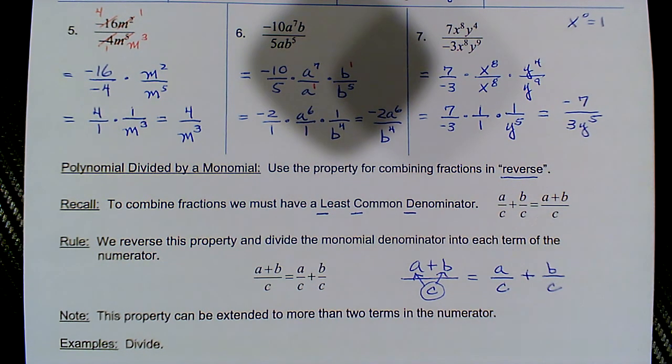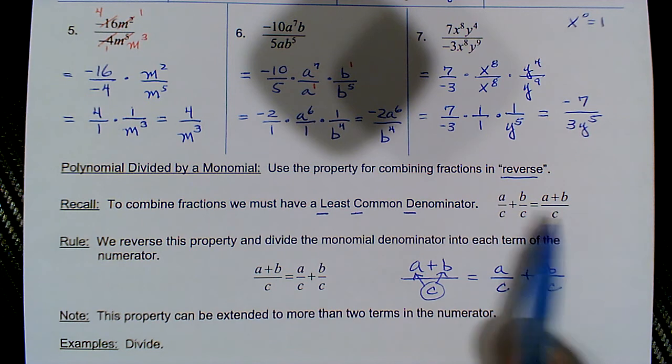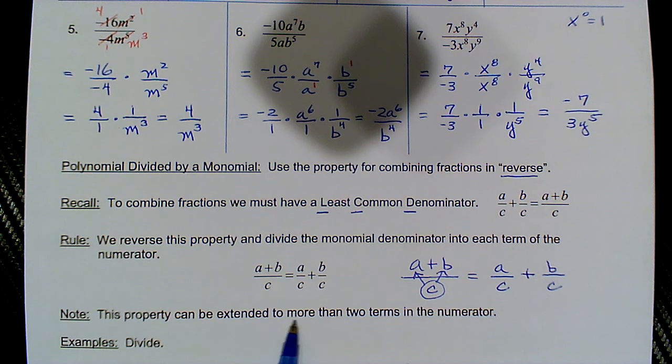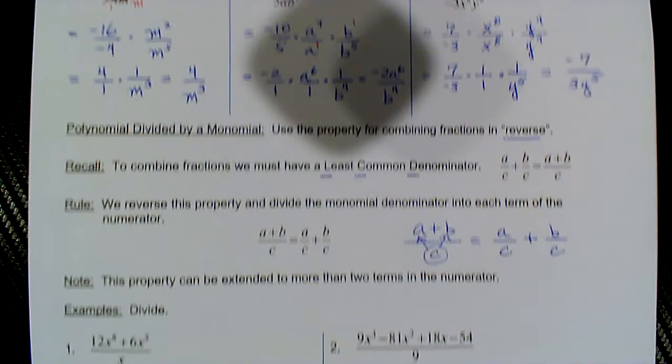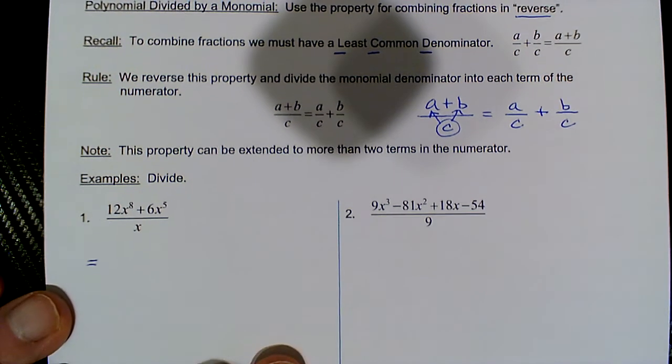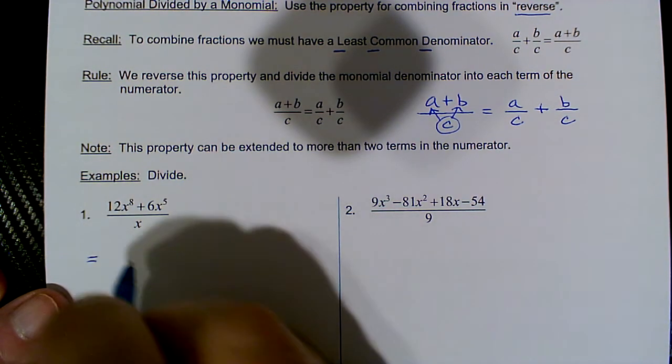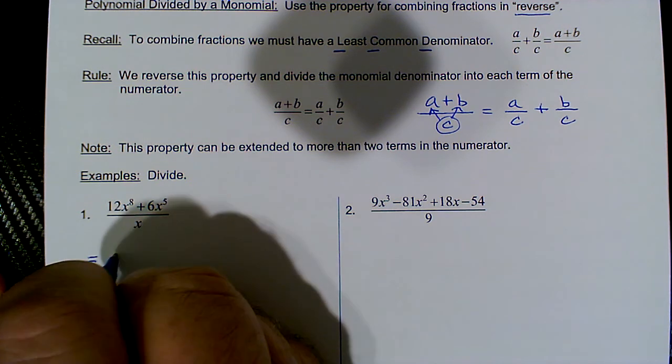So we're essentially reversing our property for combining fractions. And just to note, we could extend that property to more than two terms. So when you see division of more than one term in the numerator over a single term, just take the step to exercise that property in reverse, okay? And divide everything by that denominator.